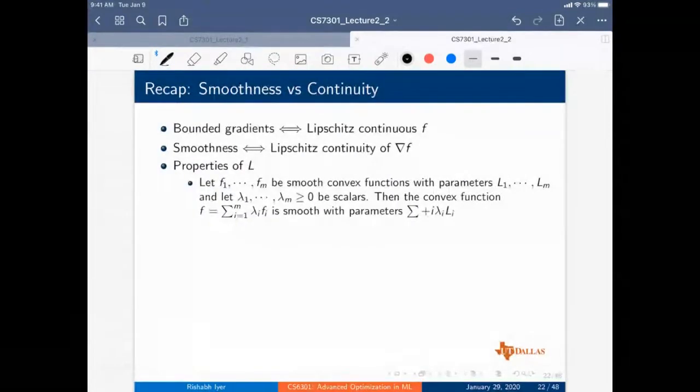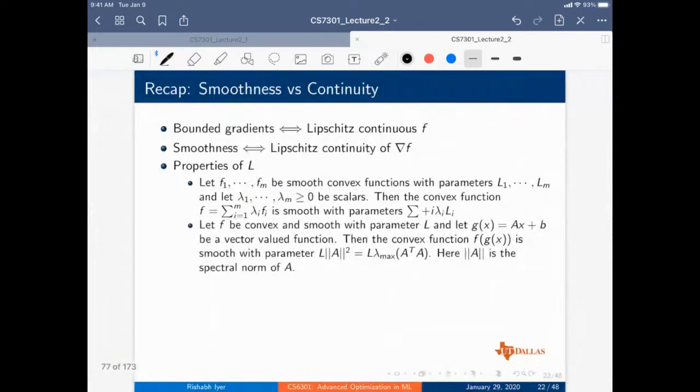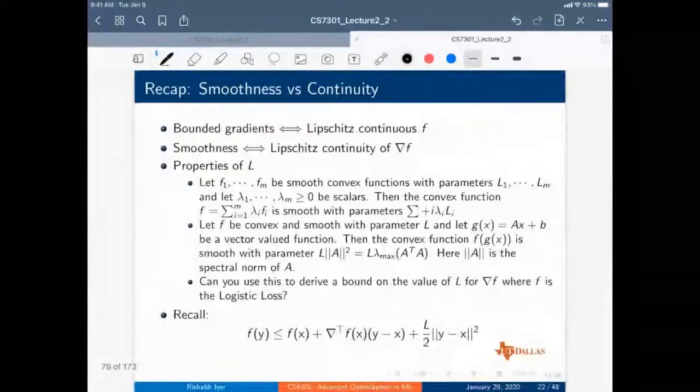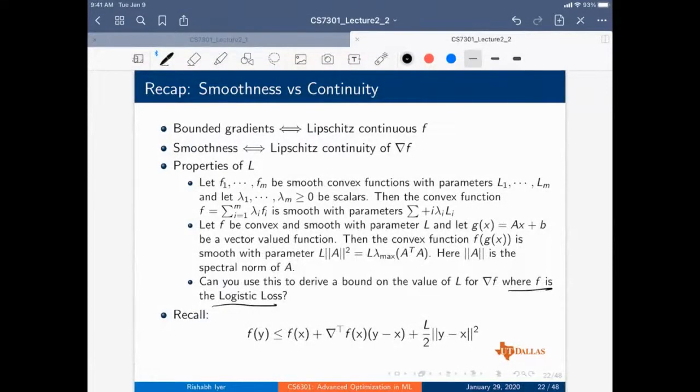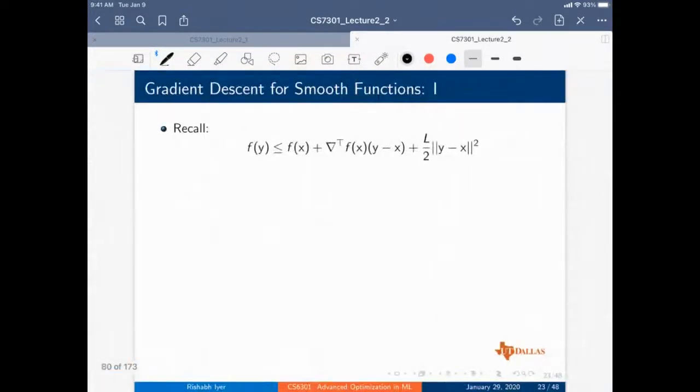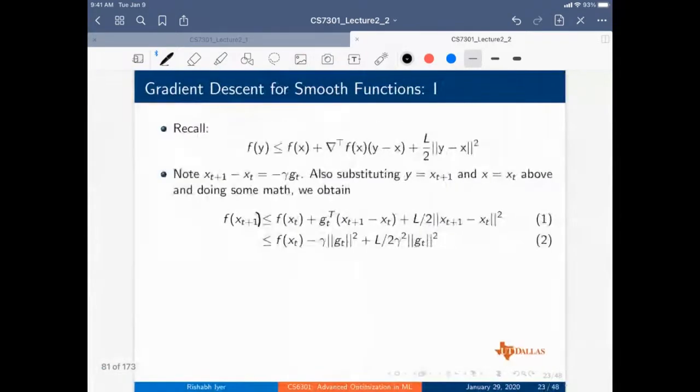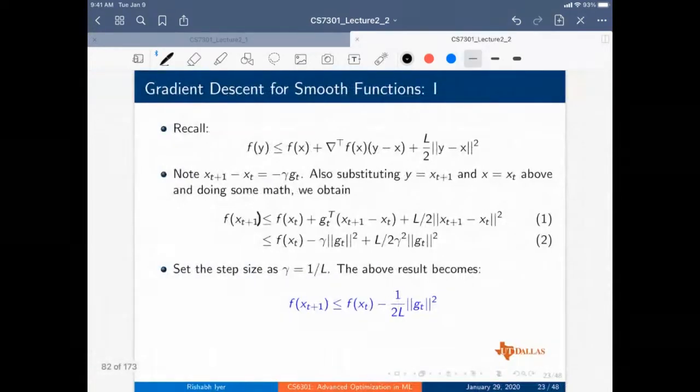Properties of smoothness: if f1 till fm are smooth, then a convex combination of the functions is smooth. This is related to what we saw earlier. I'll skip this in the interest of time. We can compute the smoothness constant of logistic loss, but I will skip that detailed derivation in the interest of time.